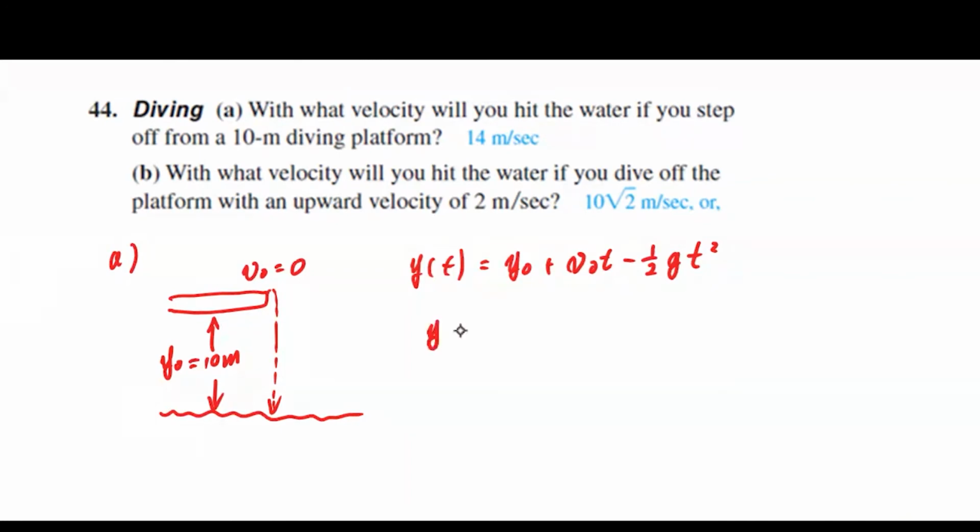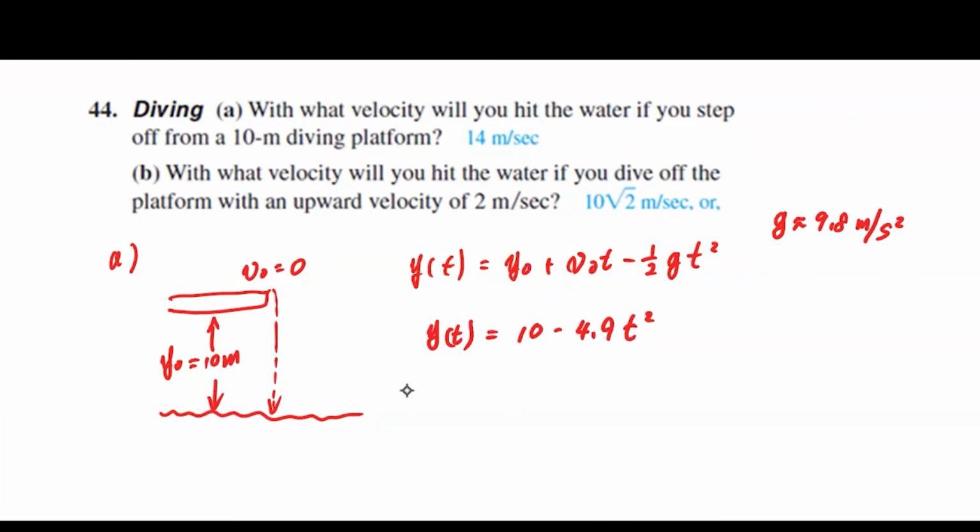Have your calculator standing by to do the quadratic formula or otherwise calculate. This is equal to 10 minus 1/2 gt squared. And g, of course, is 9.8, right? So this is now 4.9 t squared. So far, so good? Are you with me?